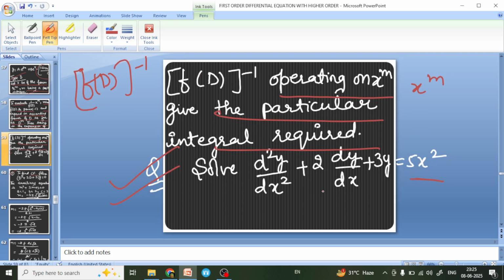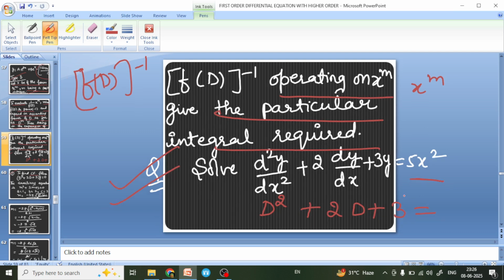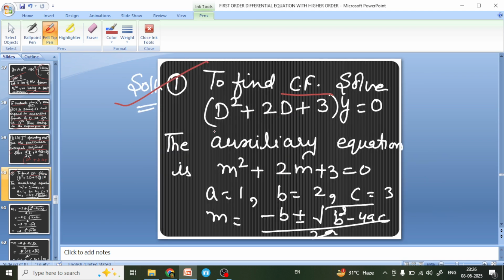You can see here the equation, D squared plus 2D plus 3 operating on y should be equal to 0 first, and after that taking the auxiliary equation m squared plus 2m plus 3 equal to 0, a is equal to 1, b is equal to 2, and c is equal to 3, and m is equal to minus b plus minus square root of b squared minus 4ac over 2a.